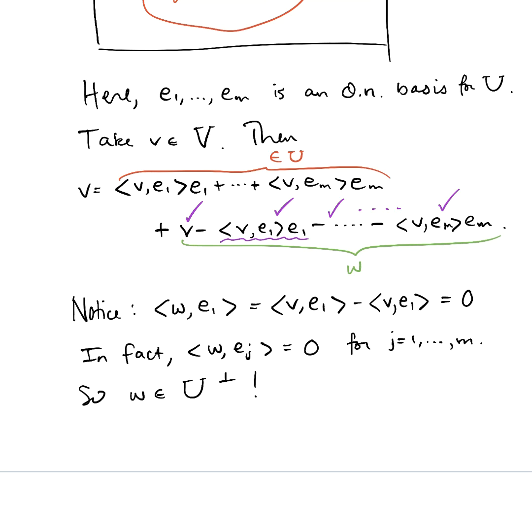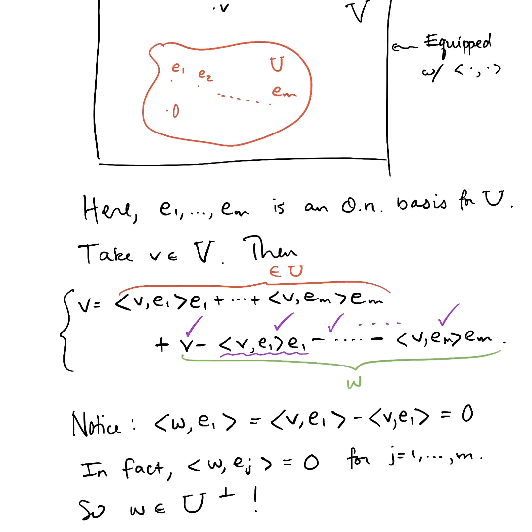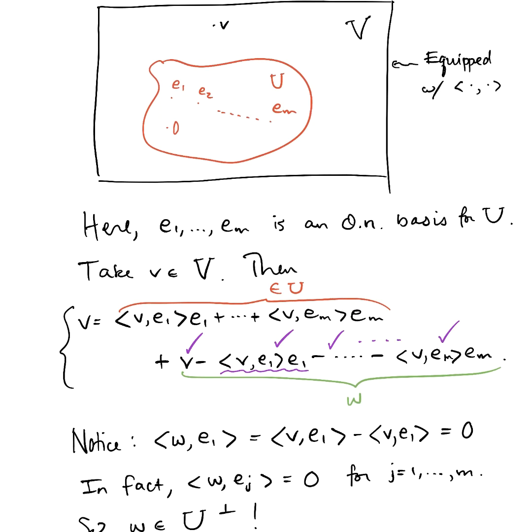Now look back at this expression. We started with an arbitrary V in our inner product space and have successfully written it as a thing from U, that's the red piece, plus a thing from U perp.